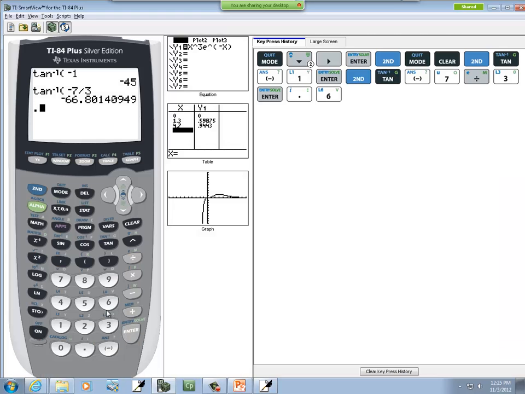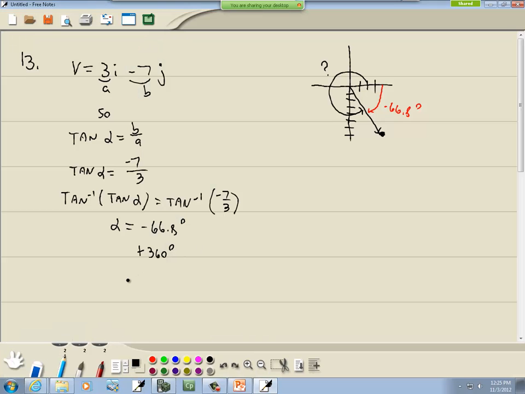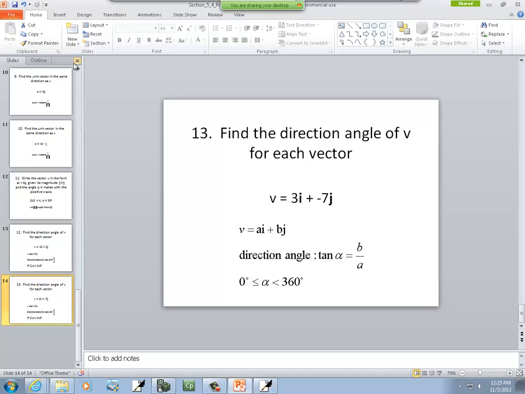Negative 66.8, plus 360 degrees. 293.2. So alpha is 293.2 degrees. And that's our answer. And I think that was the last problem.